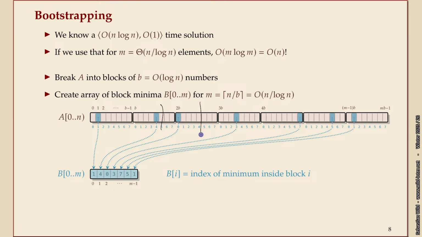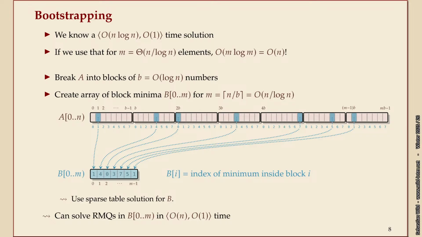But that means we can only solve range minimum queries that have exact block boundaries. If we're lucky and someone asks for the range minimum from here to here, we can directly answer. But if someone asks between non-aligned boundaries, we don't immediately get the answer from our light blue data structure.